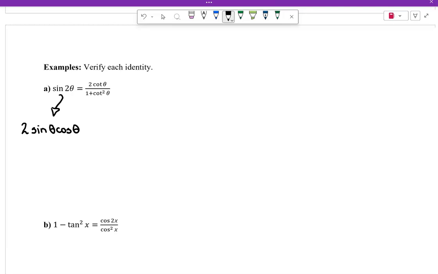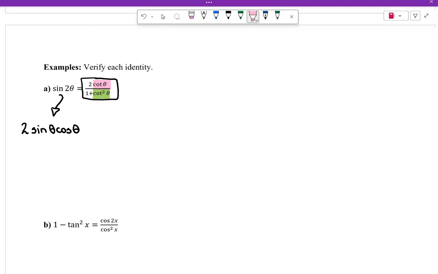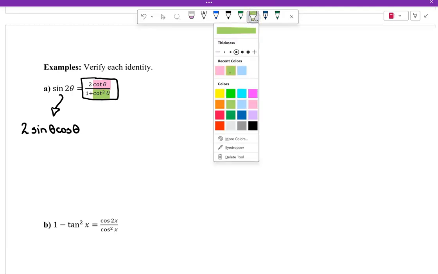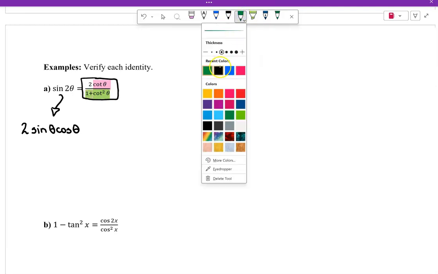But we are going to work with this side right here. So let's see what we can change. I know that we can change our cotan and this cotan, and 1 plus cotan squared.